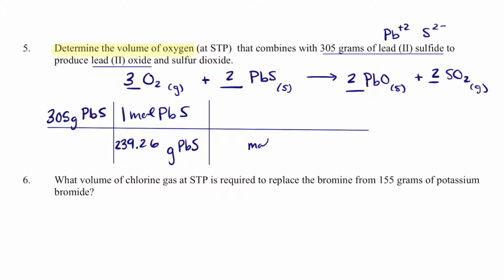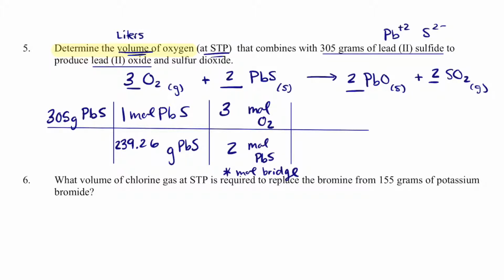Now that I'm at moles of PbS, I am at the mole bridge and I can go to oxygen. The only way we can convert between different substances is by using the mole bridge. And the mole bridge just uses a coefficient. So I just look up, and lead-2 sulfide was 2 and oxygen was 3. And then I can say, okay, now that I'm at moles of oxygen, it asks for me to get the volume, and that would be liters.